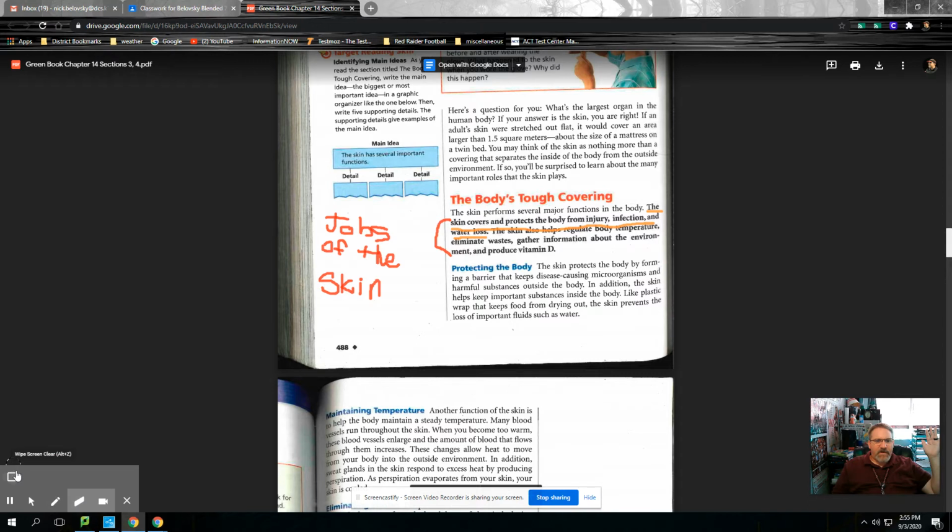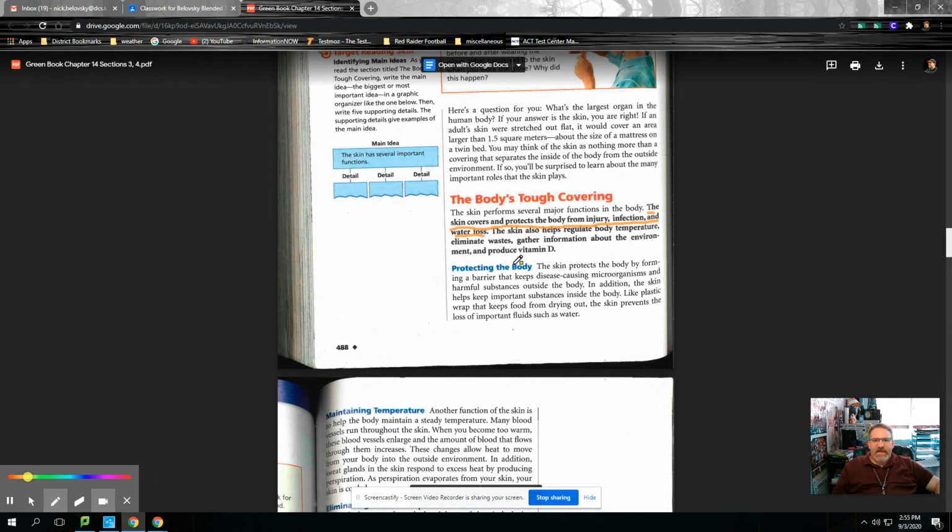And I did that about as crooked as you can imagine. So the first thing that you need to type is the skin covers and protects the body from injury, infection, and water loss. Okay, that's the first one. All right, so hit pause, type that in.